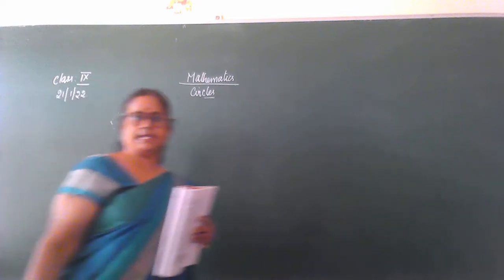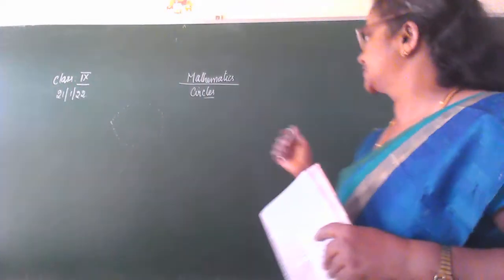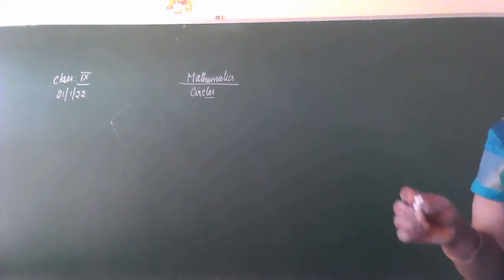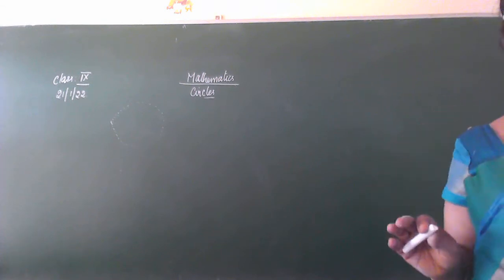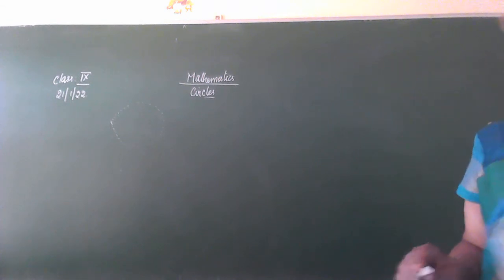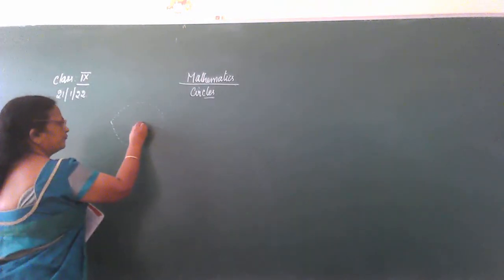So I can say the definition of a circle is a collection of all the points in a plane which are at a fixed distance from a fixed point.